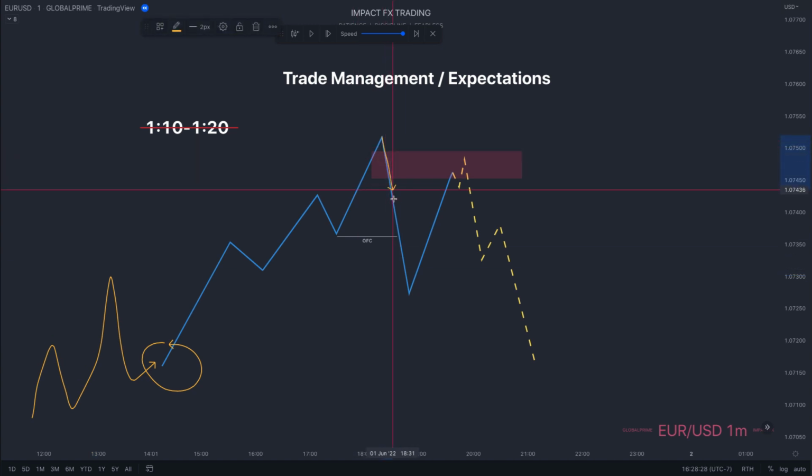And when price comes down to mitigate taking out this structure, this OFC does not have to mean that price is magically just going to melt for you. Can it? Absolutely it can. But we aren't trading on hopes and prayers, guys, in this group. We're trading on probability so that we can be profitable long term.